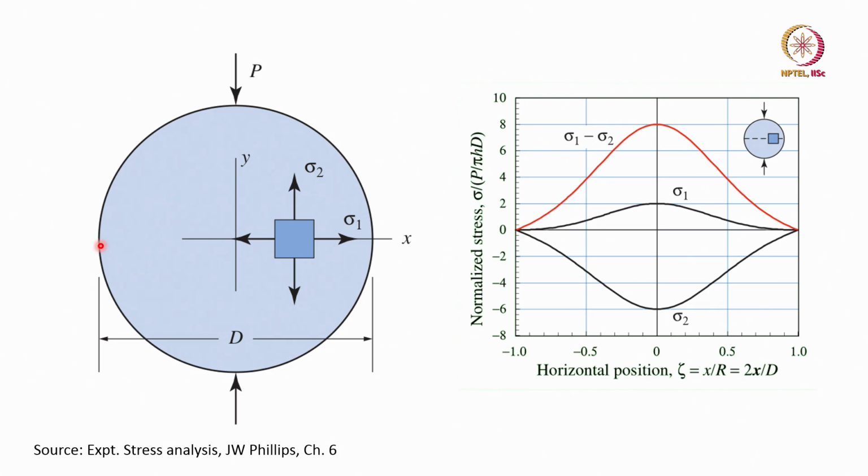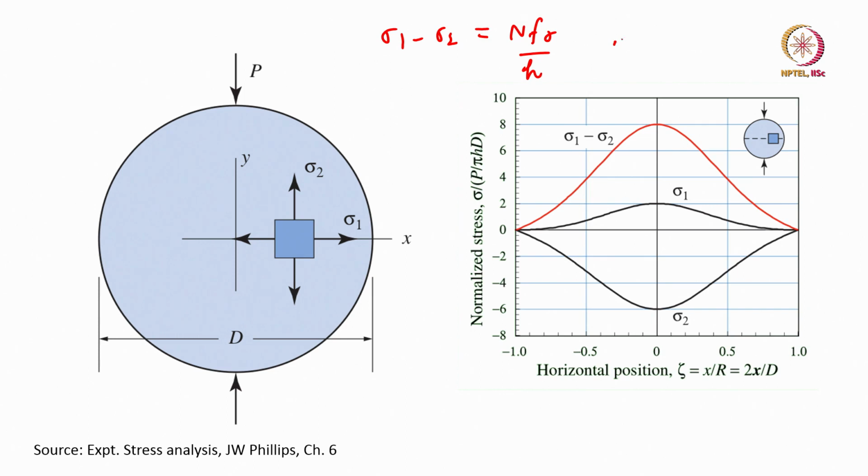Okay. And the advantage of that is that sigma 1 minus sigma 2 being proportional to n, remember the formula we had, remember that sigma 1 minus sigma 2 was n f sigma by h.